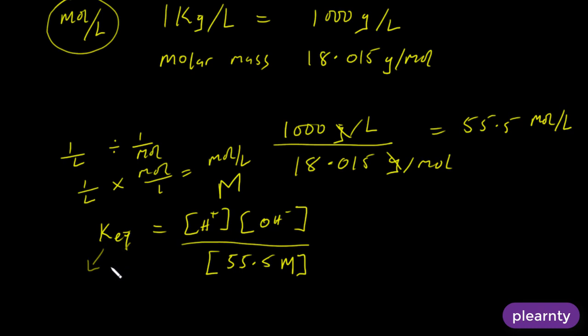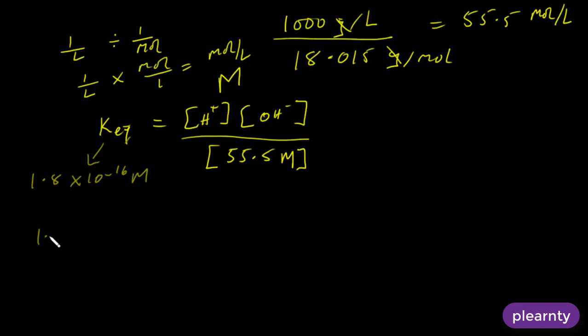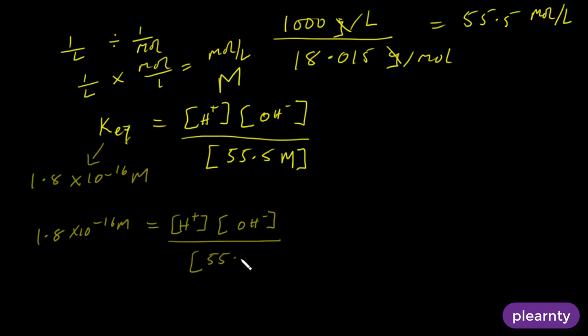So at 25 degrees Celsius, when we measure this experimentally, what we have is 1.8 times 10 raised to power minus 16 molar. So we can also put this in our equation by saying 1.8 times 10 raised to power minus 16 molar is equal to the concentration of proton multiplied by that of hydroxide ion over 55.5 molar.